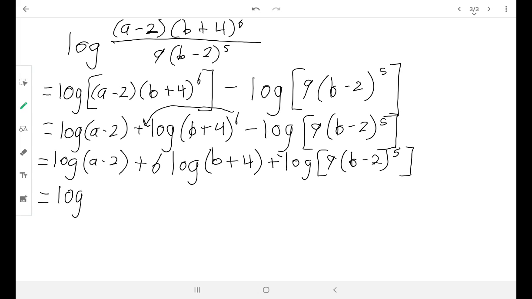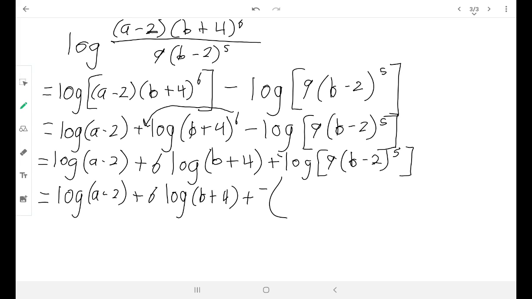So log of a minus 2 plus 6 times the log of b plus 4 plus the negative of, and this is going to be important here, I'm going to put a set of parentheses because that negative, as I expand things, is going to have to distribute to all of it.